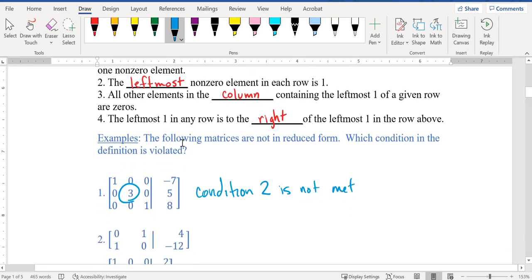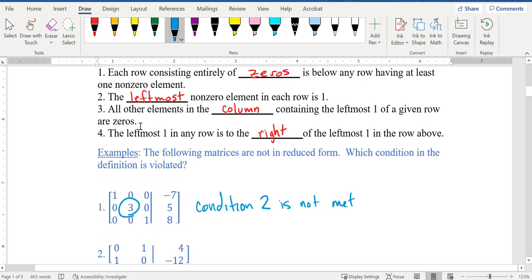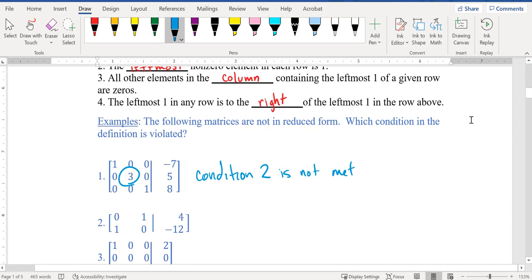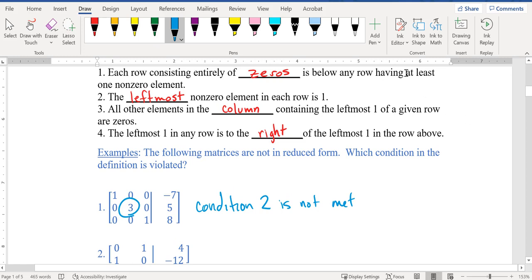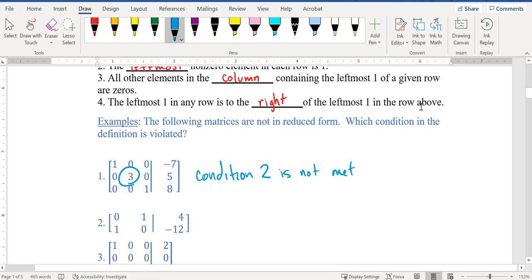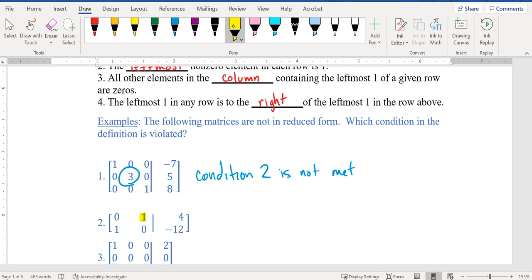All right, let's go look at number 2. There are no rows of zeros, so condition 1 is okay. The leftmost non-zero element in each row is a 1. So let's look here at row 1. Yep. Row 2. Yes. Okay, all other elements in the column containing that leftmost one of a given row are zeros. So looking here, other than that leading 1, every other element is a 0. Same there. So condition 3 is met.